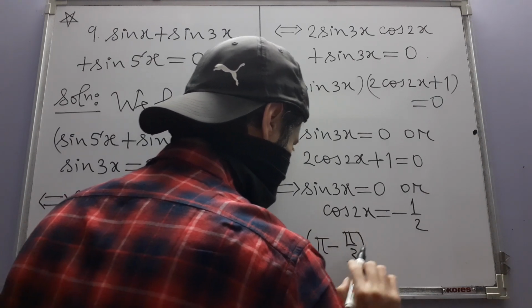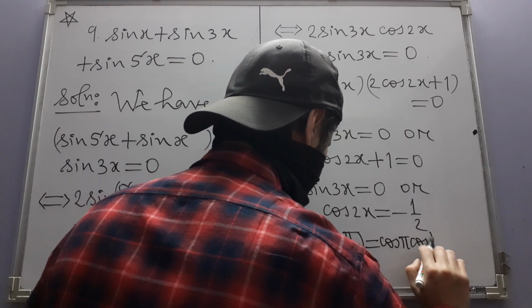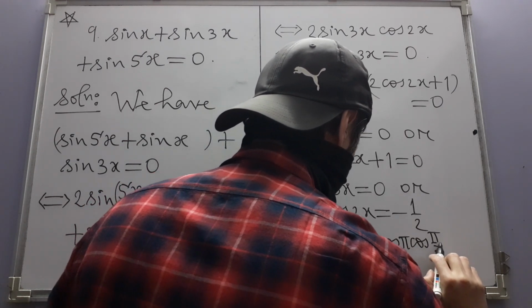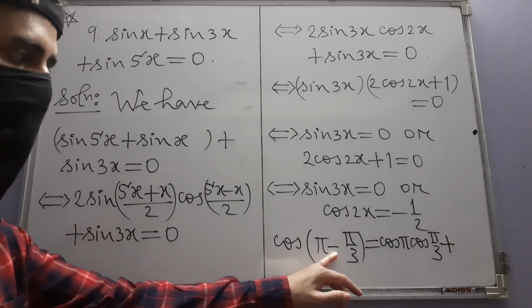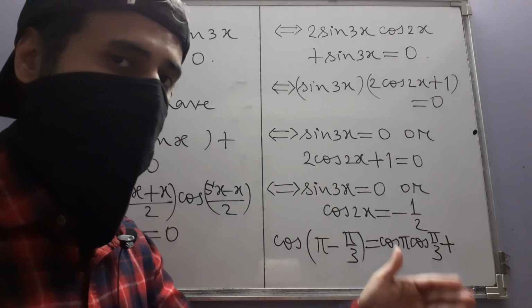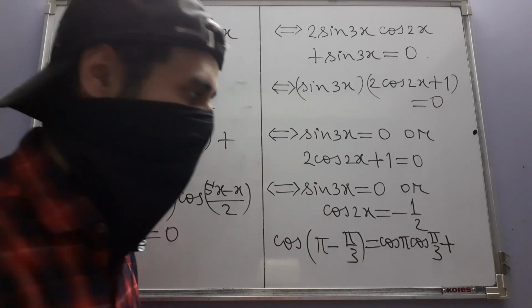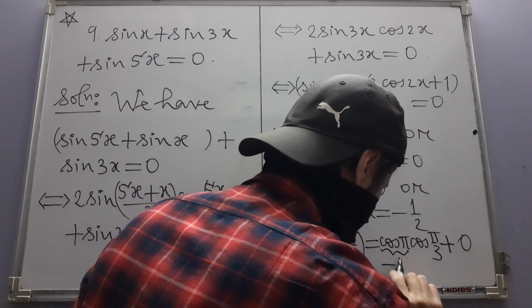You can quickly see if it is right. Cos pi over 3 plus, because it's the expansion of cosine, when you have minus, you have plus. Plus, I am not even going to write sin pi over 3. Sin pi is 0. So this term anyway is 0, and cos pi is minus 1.